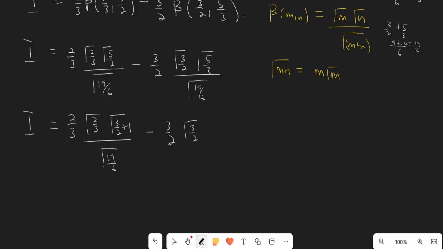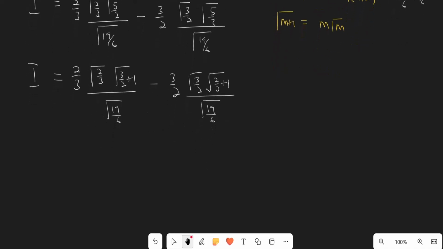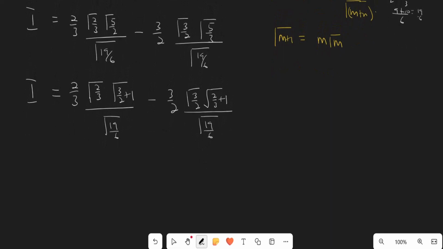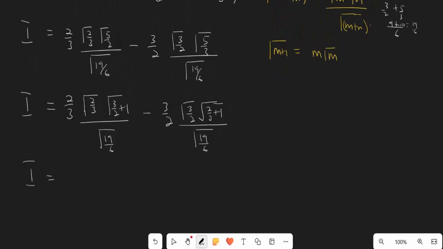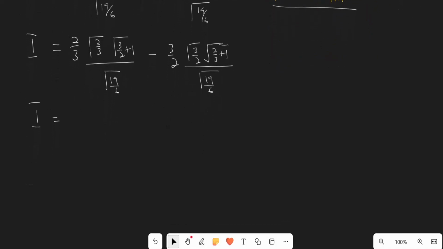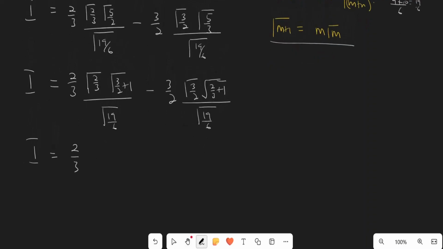Gamma of 5 over 3 can be written as what? Gamma of 5 over 3 can be written as gamma of 2 over 3 plus 1, divided by gamma of 19 over 6. So gamma 5 over 3 can be written like this. So I is equal to, now using this identity, m gamma m: this is 2 over 3, then you have gamma 2 over 3, then this one is 3 over 2 gamma 3 over 2.